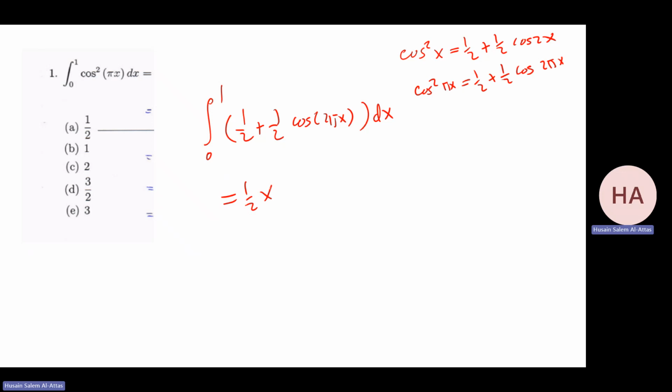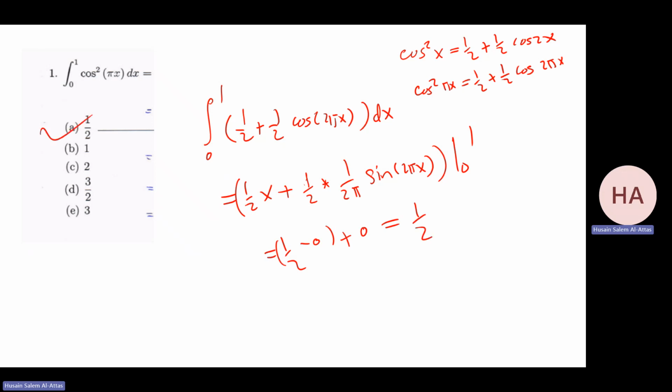And that will be half x plus half times 1 over 2 sine 2 by x from 0 to 1. That will be half, sine 2 by 0 is also 0, 0 minus 0 plus 0. That would be half. Easy one.